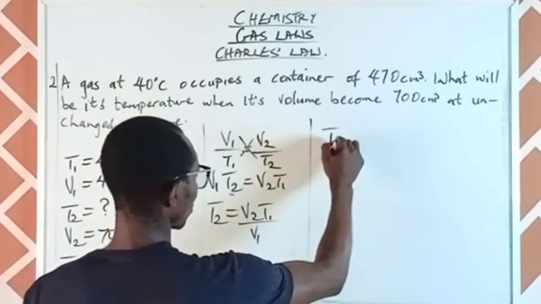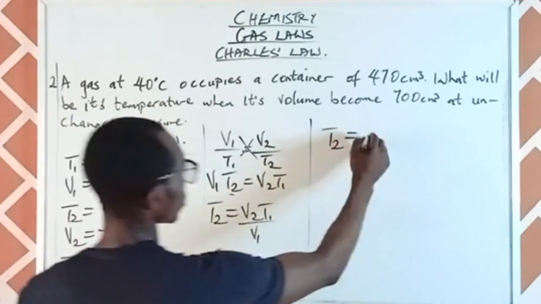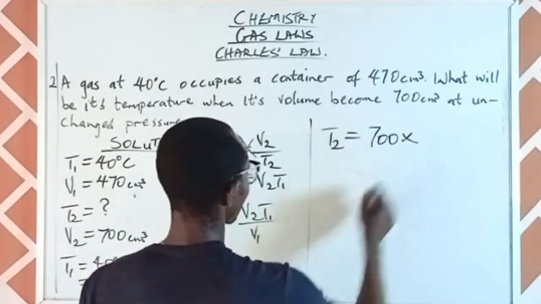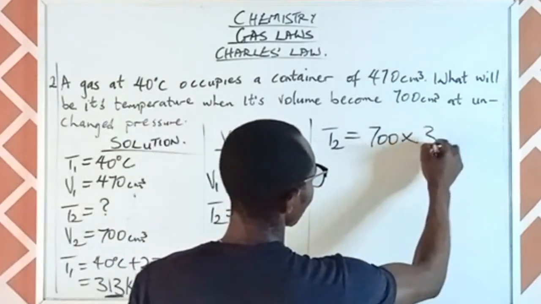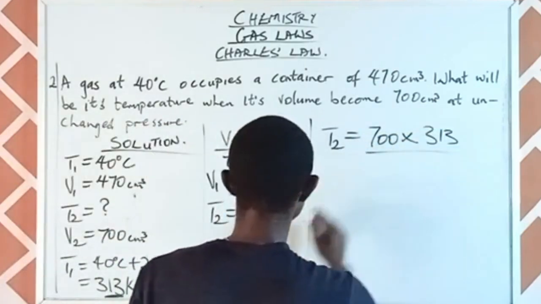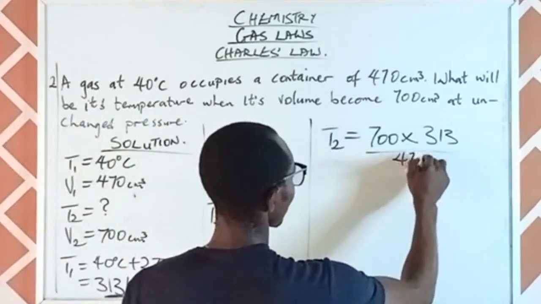So we have T2 equals our V2 here, we have it to be 700 multiplied by our T1, which has been converted to give us 313, divided by our V1, which is 470.